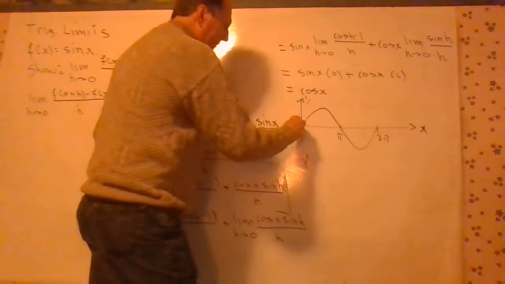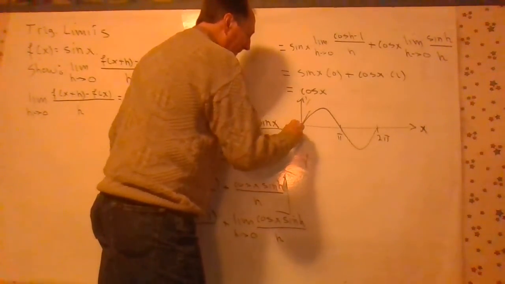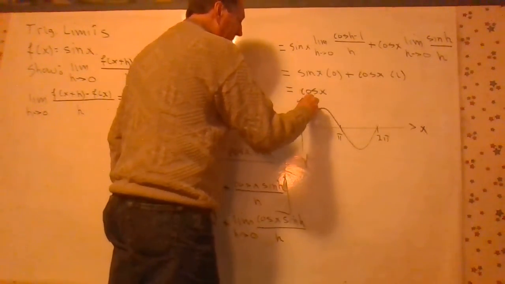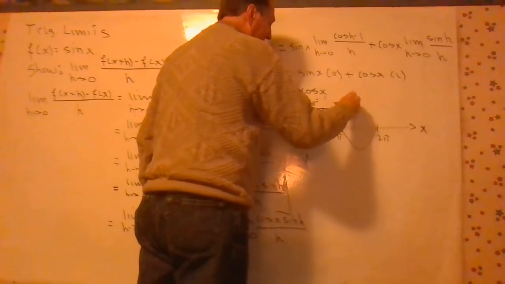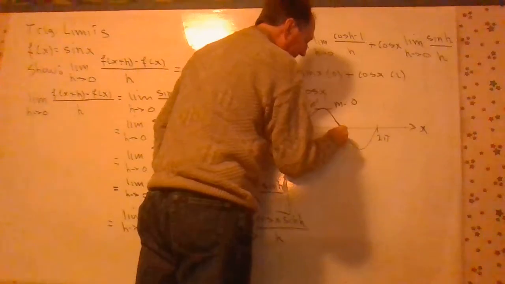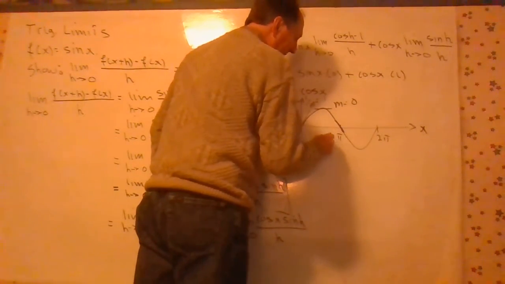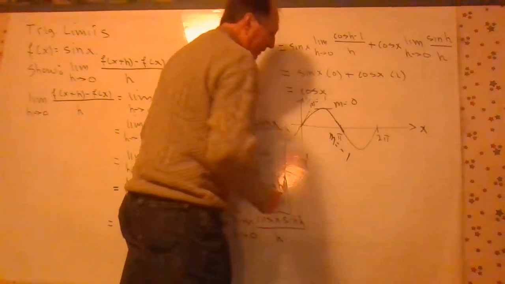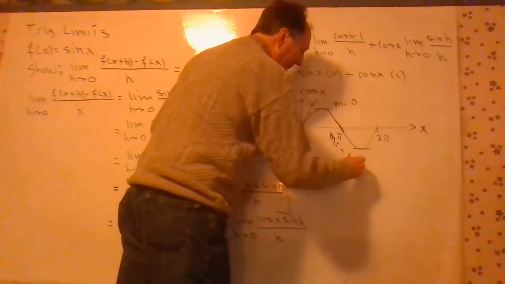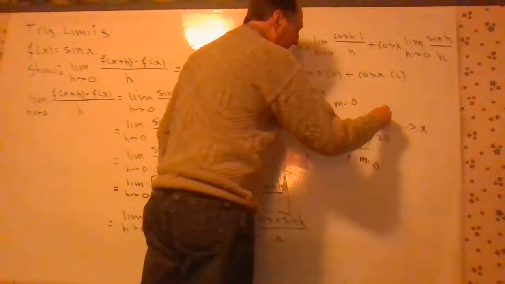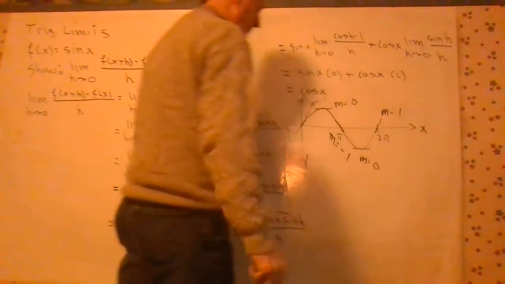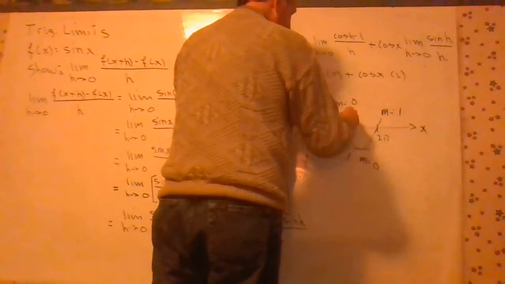Well, right here, you have a slope of about 1. Right here, you have a slope of 0. Right here, you have a slope of negative 1. Here you have a slope of 0. And then back here, you have a slope of 1. This is the sine graph right here.